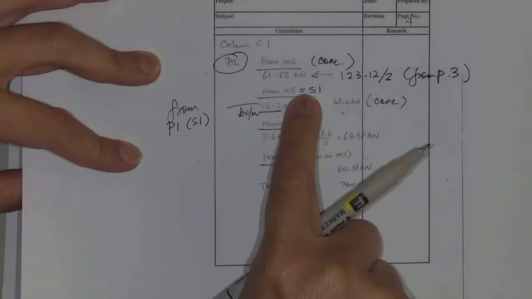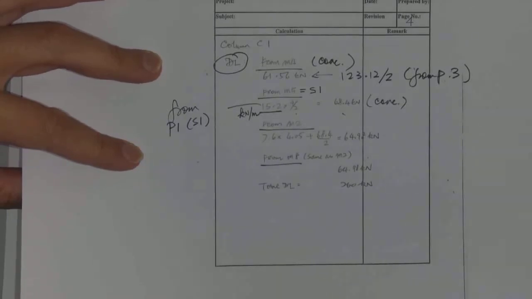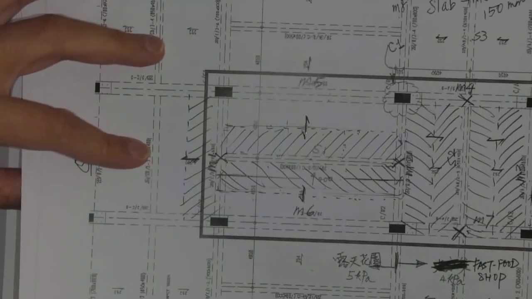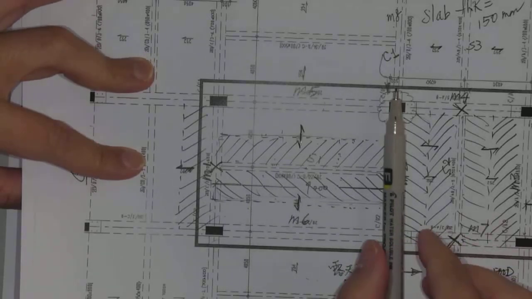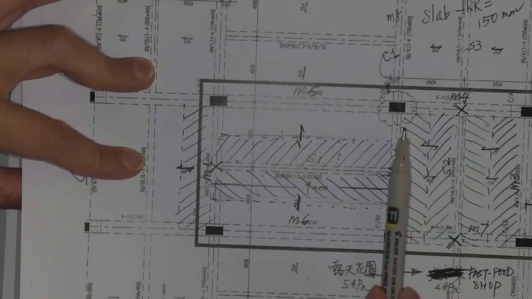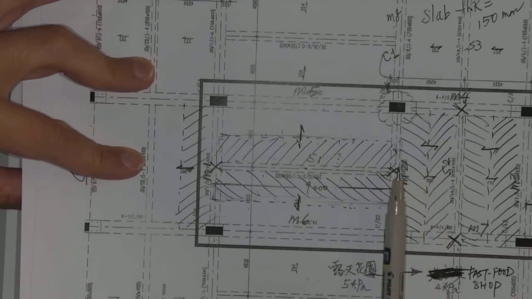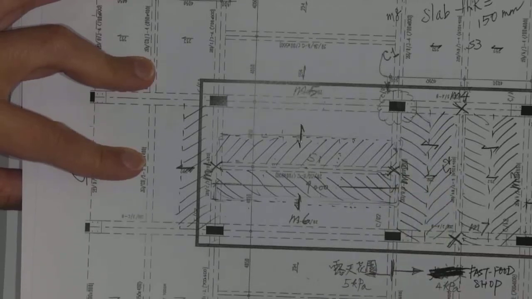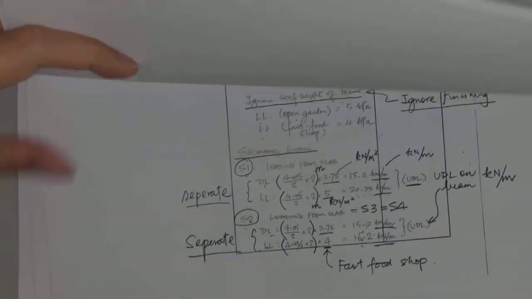Right, so M5 done. M2, where is M2? M2 is this one. This one is a bit more involved because you have concentrated load on one side, distributed load on the other side. So where's my calculation for M2?